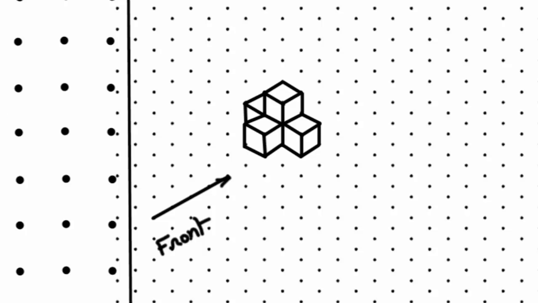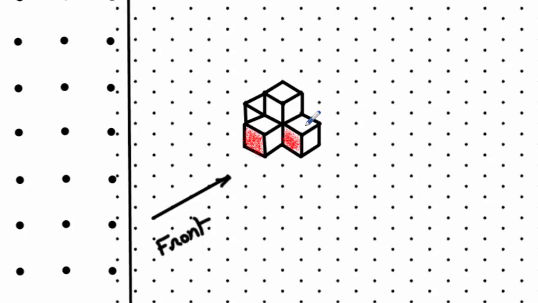If I'm looking from the front view, I will see this side or this face right away. Easy. What about this one? Impossible. I cannot see it from the front view. What about this one? Impossible. I cannot see it. What about this one? Yes, I can see that from the front view. Easy.